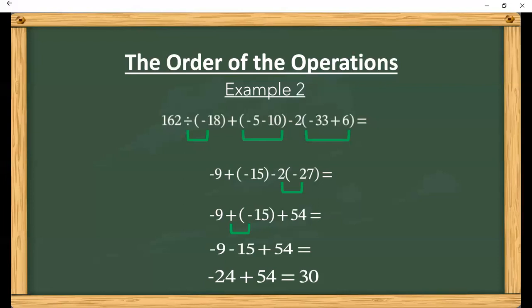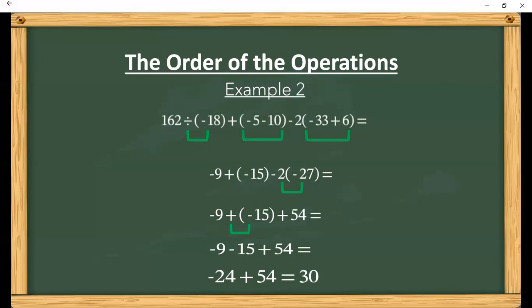So we can do 162 divided by minus 18, and this gives us minus 9. And we do also the operations inside the brackets. And the operations give us minus 15 from the first bracket and minus 27 from the second bracket.